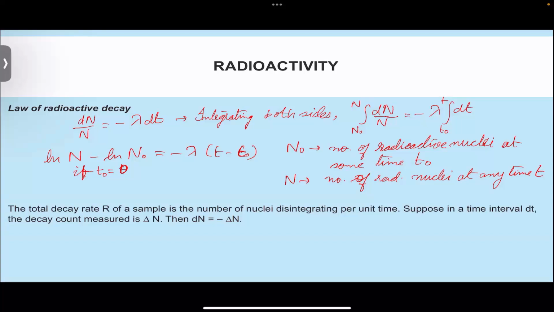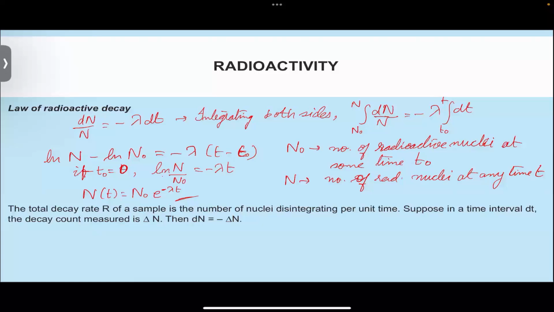If your t0 is set to 0, what you are left with is ln(N/N0) = -λt, which can finally be written as N(t) = N0 e^(-λt). So this is the equation that we usually use to understand radioactive decay.